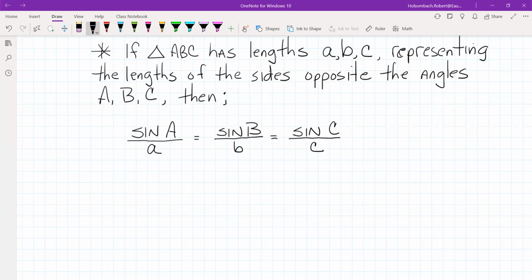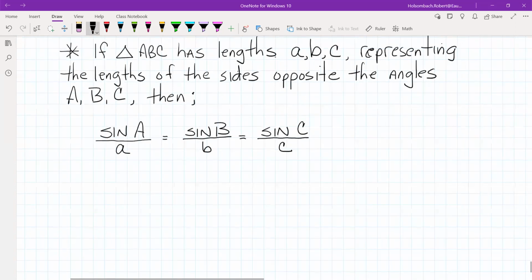So all this is an extended proportion. And the picture looks like this.